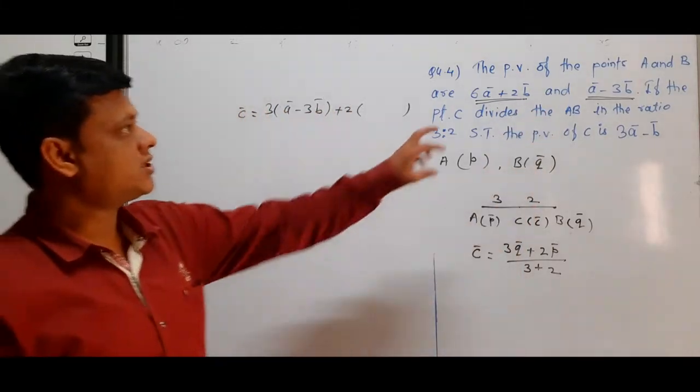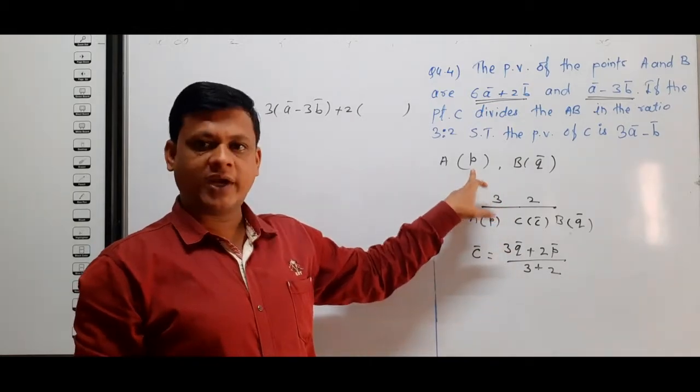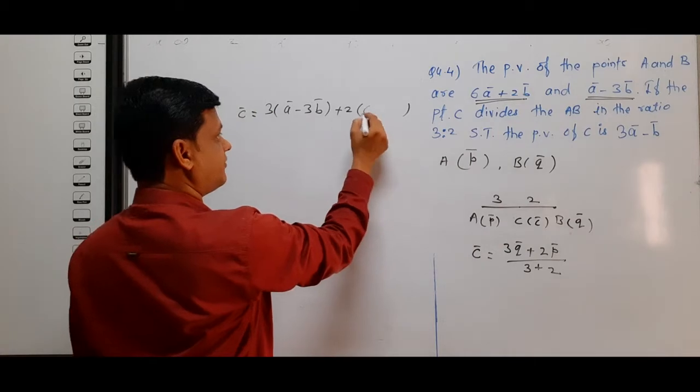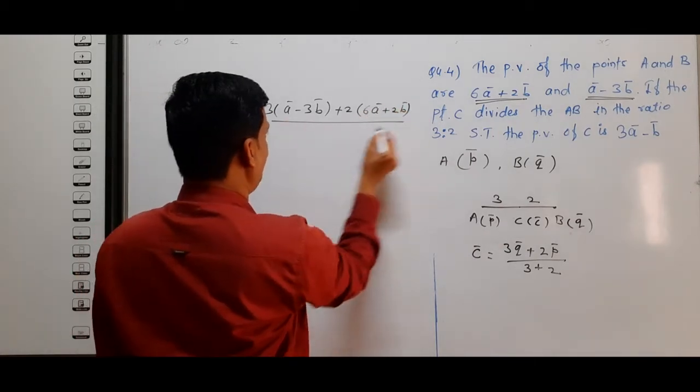Given the position vector of point A is 6a bar plus 2b bar, that means the value of vector p is 6a bar plus 2b bar. So substitute here 6a bar plus 2b bar upon 3 plus 2.